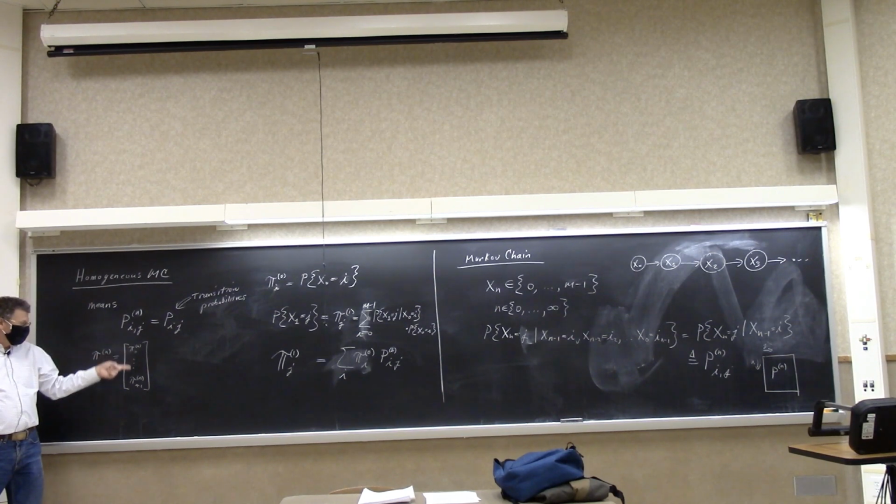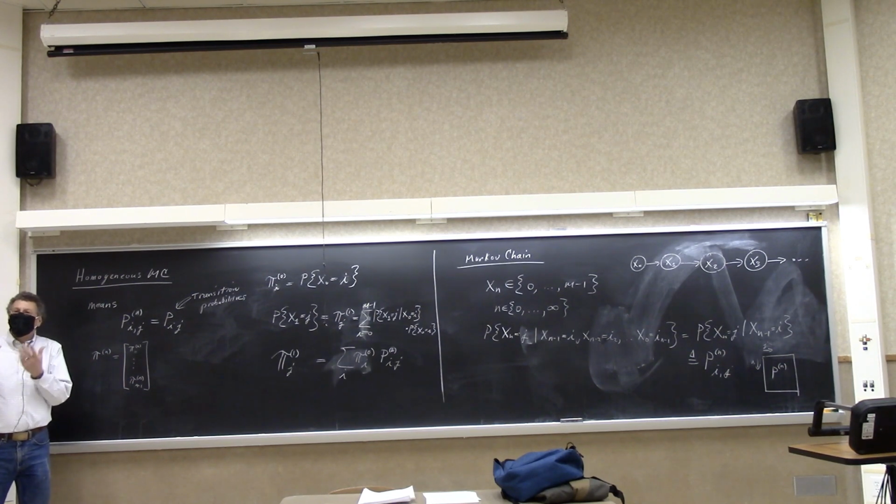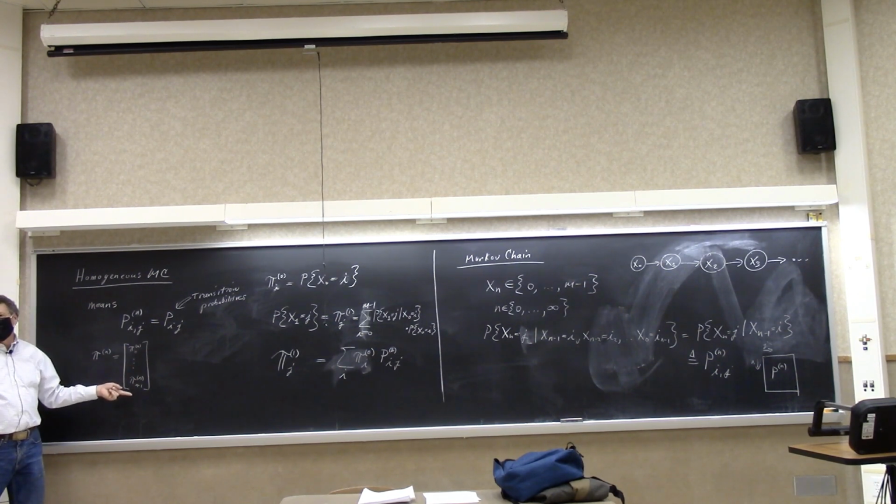This is a probability vector that describes the probability distribution of the m-dimensional thing. What does that mean? It means that you have m classes. Say you have 10 classes. This is a 10-dimensional vector of non-negative values that sum to 1, telling you the probability that you're going to be in each of the 10 states. Is everybody clear what this is?